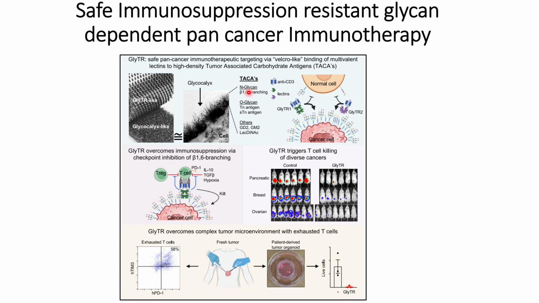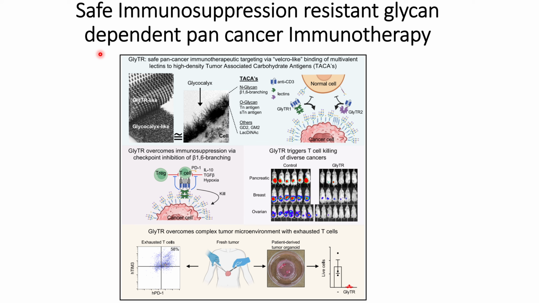So far the problem with many immunotherapies is that they are not able to overcome the immunosuppression or the tumor microenvironment and not able to reach the cancer sites. And most of the time they also have a non-specific attack on the healthy cells.